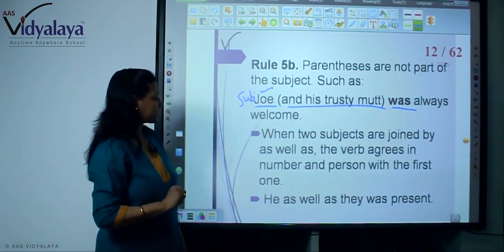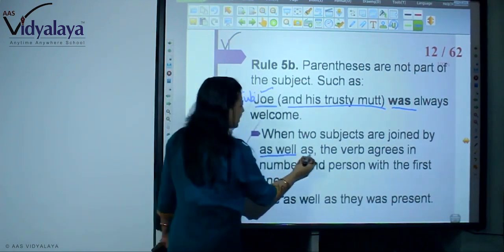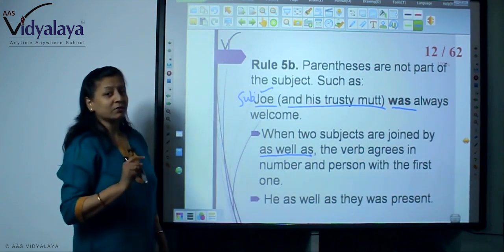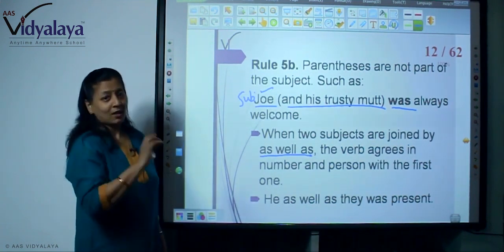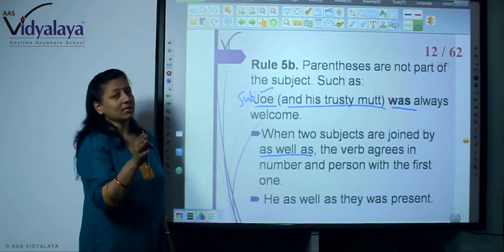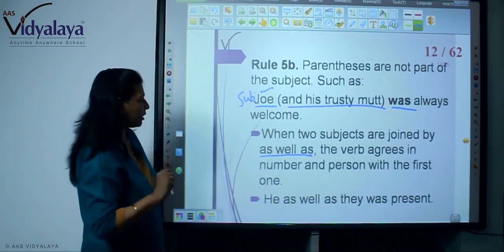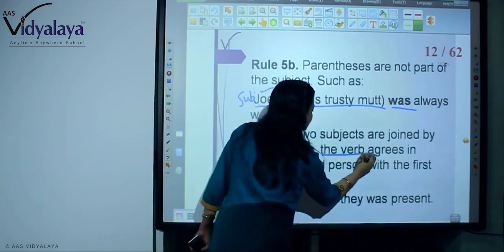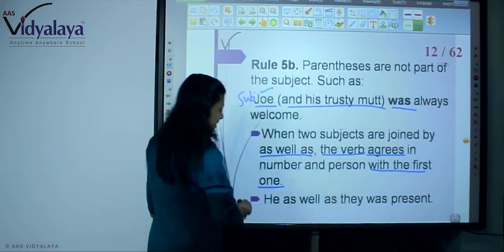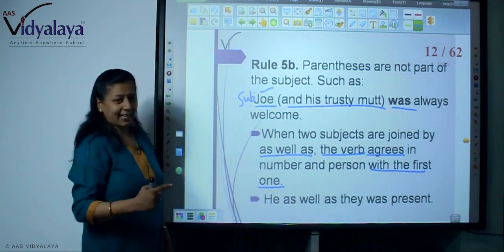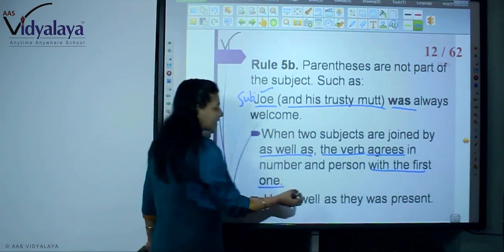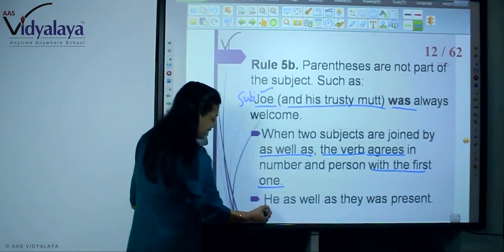Now when two subjects are joined by as well as, the verb agrees in number and person with the first one, not with the subject that is closer to the verb. For example, the verb agrees with the first one. They say, he as well as they was present, not were present.